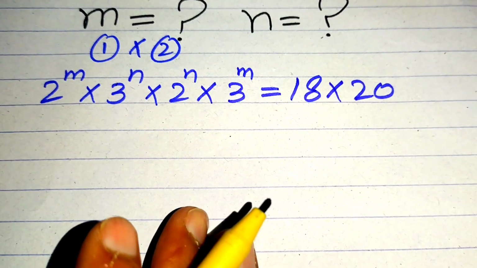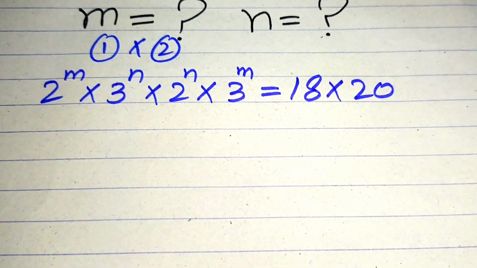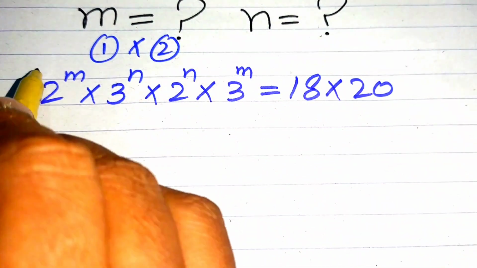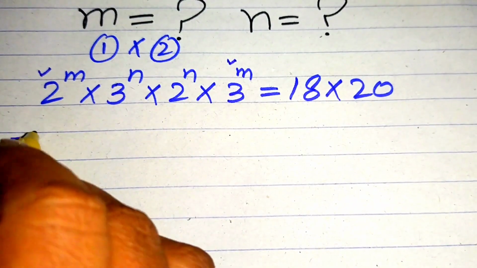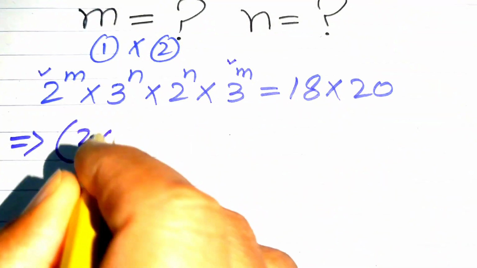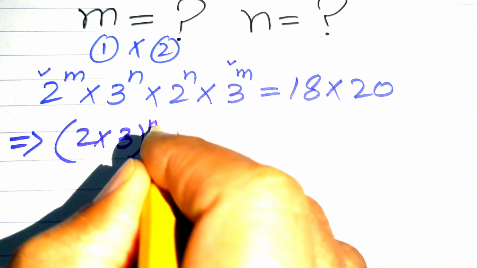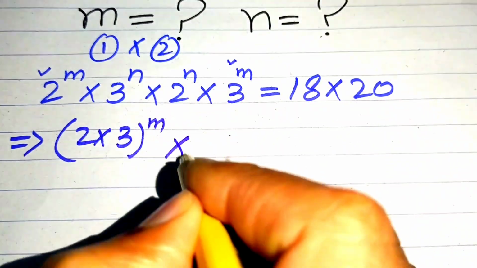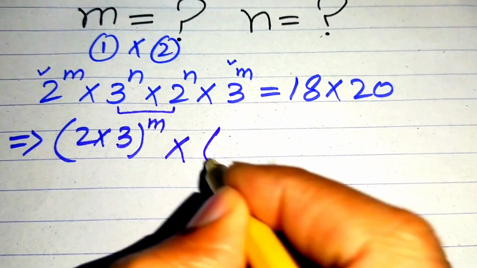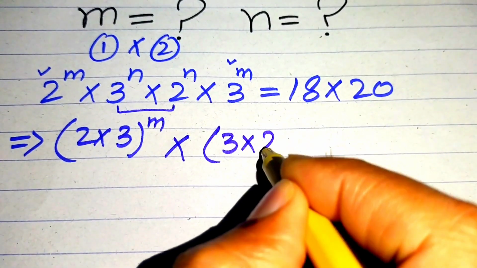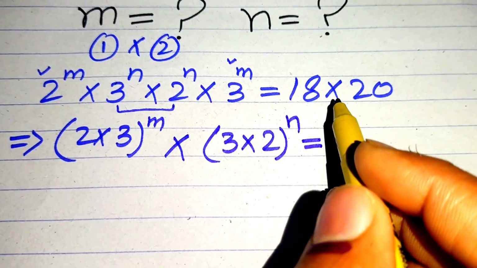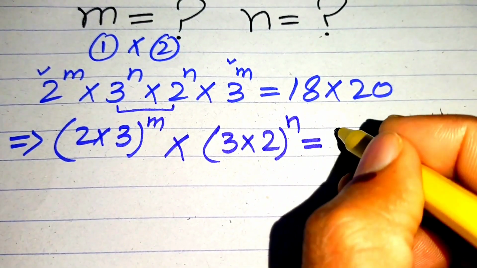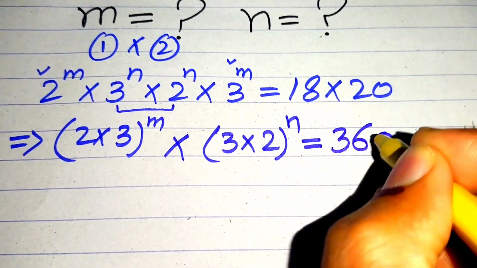And here you see that we now combine the terms whose exponents are the same. The exponent of 2 is m and the exponent of 3 is also m, so we combine these two and write it as (2 times 3) to the power m, multiplied by (3 multiplied by 2) to the power n, equals, when we multiply 18 by 20, 360.